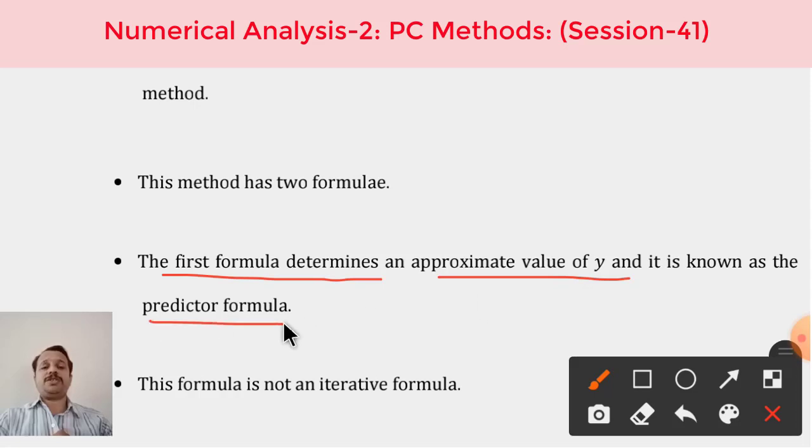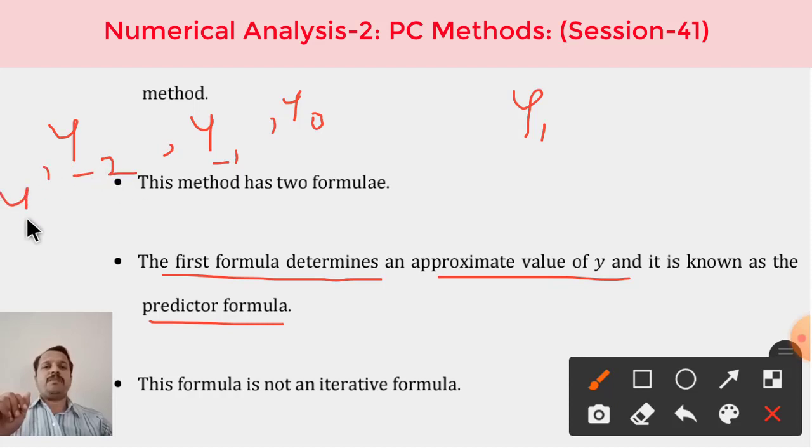The first formula gives us the initial approximation to the unknown, because we have the initial values. In this case y naught, that is y at x naught, will be the initial condition given if we want to compute y1. Along with this, we should know a few more values: yi minus 1, yi minus 2, and yi minus 3.